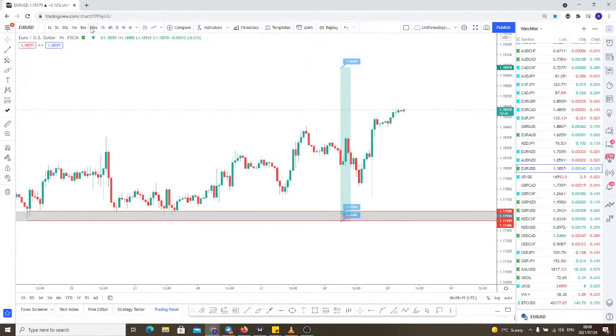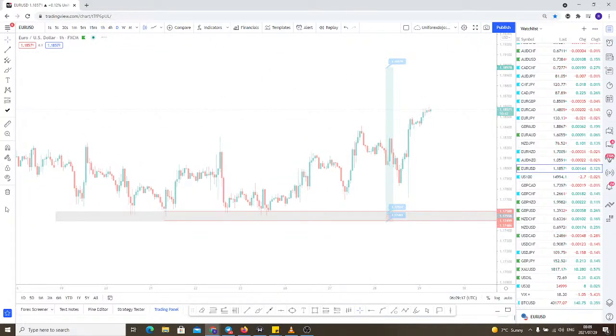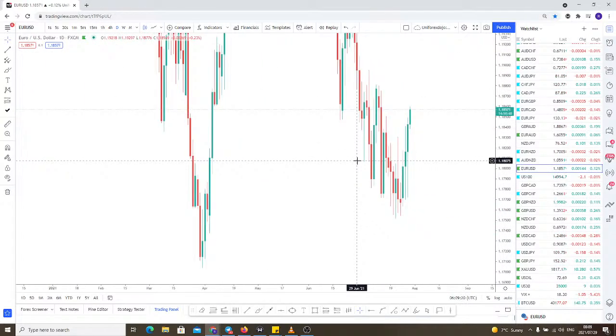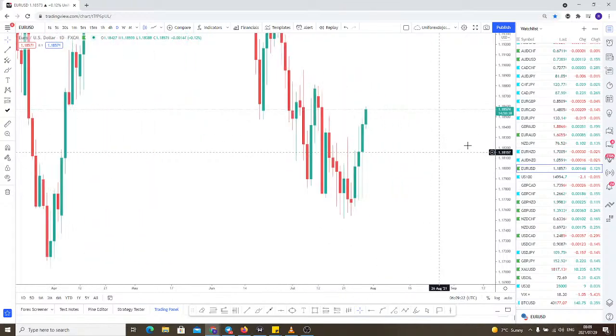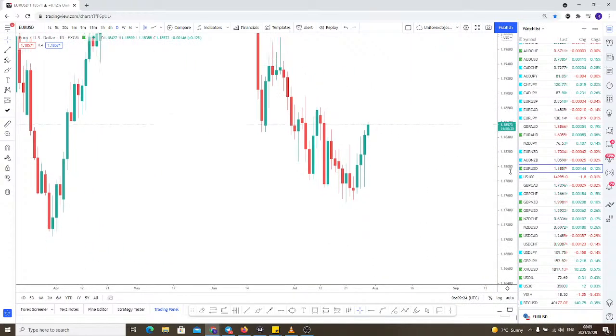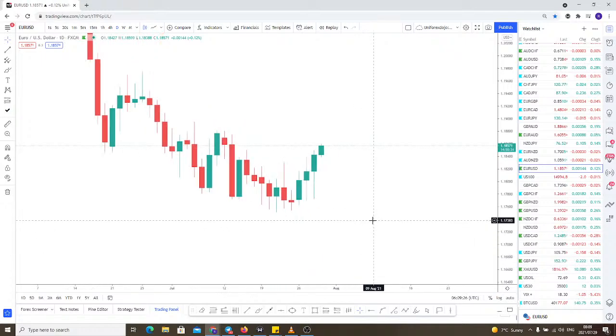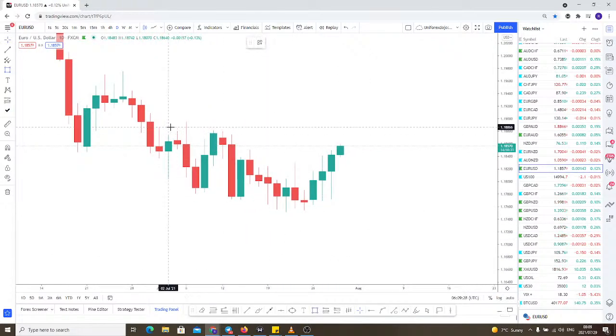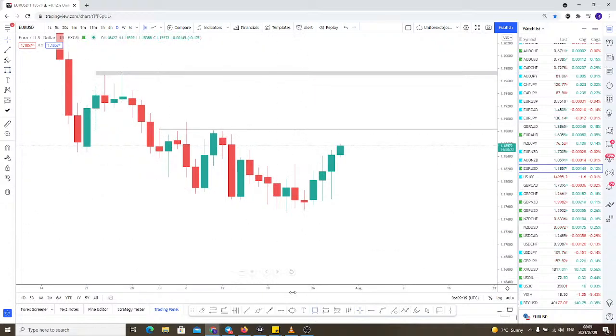So Euro USD on the daily, which is always recommended. The next key level that you'd want to probably focus on would be at this point here, 18,822, and watch those wicks there at the top. Probably look at the bottom one as well.